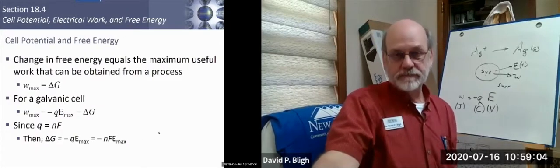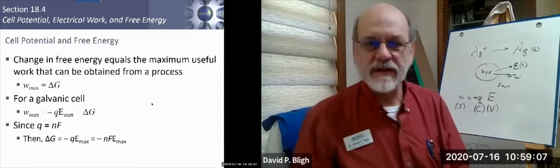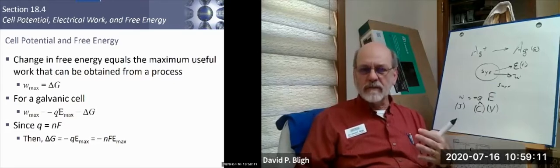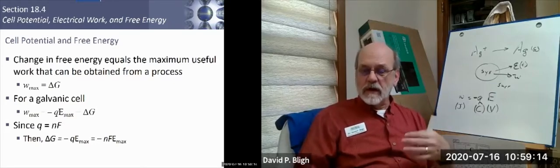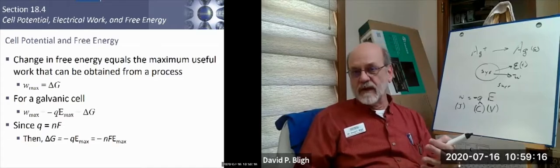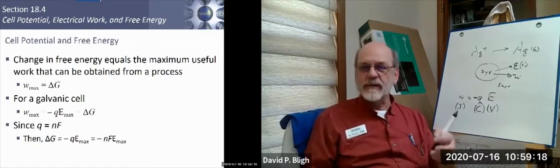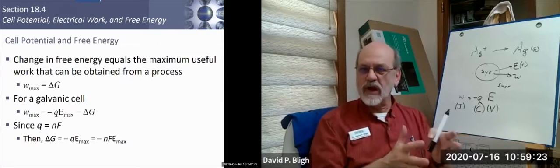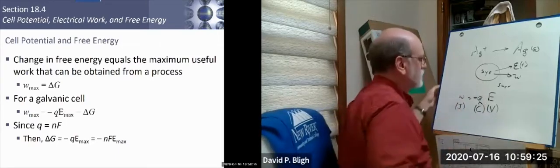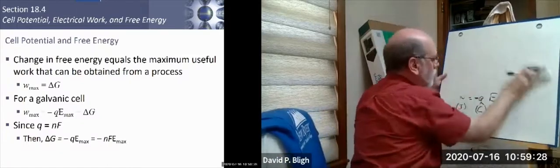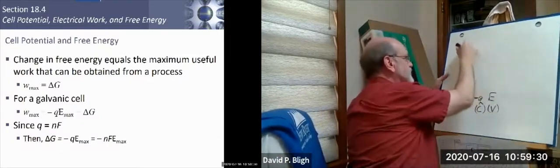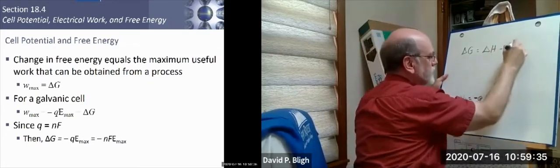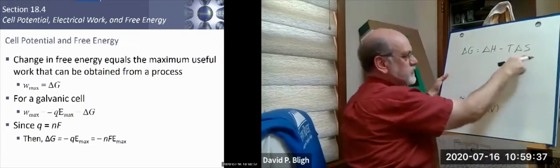So now we know that the maximum amount of work is equivalent to Gibbs free energy. That was the whole purpose of Gibbs doing this work with his equation. Remember when Gibbs said the change in free energy is equal to the enthalpy minus the temperature times change in entropy.